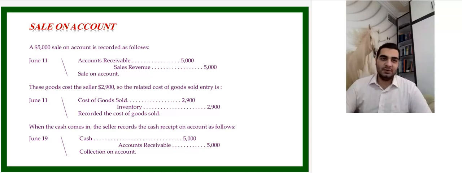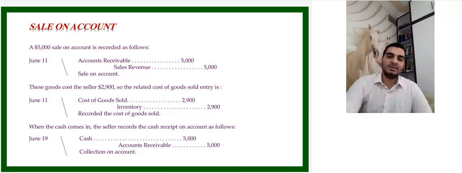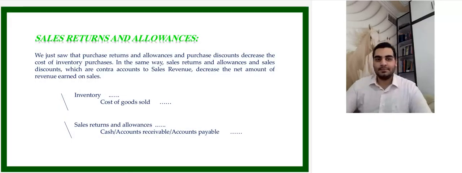So the entry will be CGS debited for $2,900, and then inventory is credited for the same amount. And finally, when the due date comes and the customer must pay, our cash is debited for $5,000, and then our accounts receivable is credited for $5,000. It's an account transformation.